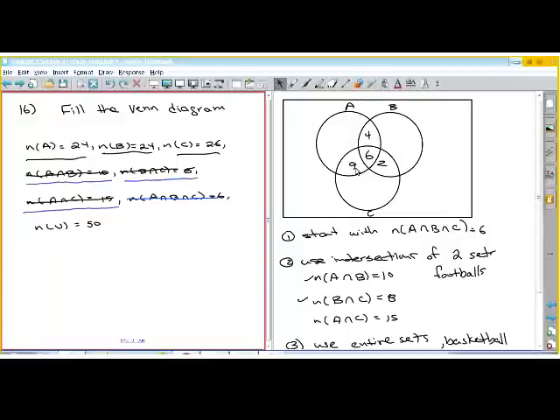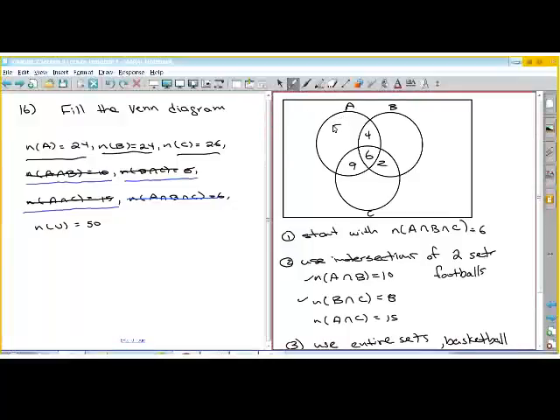If all of these add up to be 24, you take this number plus this number plus this number, which is 19. And so to get this whole thing to be 24, 19 plus what is 24? 5. So that's the answer, 5.